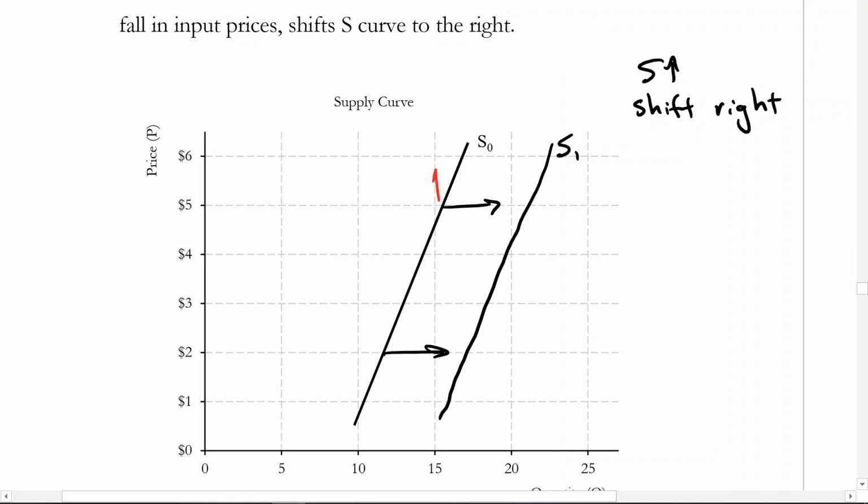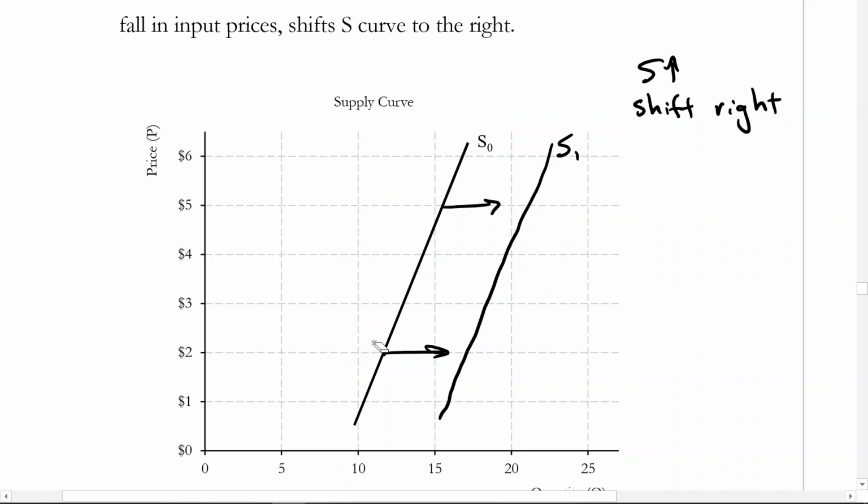If instead of shifting to the right, you shifted upward, that's going to result in a supply curve where the quantity supplied are actually going down. And so this upward increase in the supply curve is not what you'd want to be doing. It would actually give you the exact opposite result of what you're looking for.